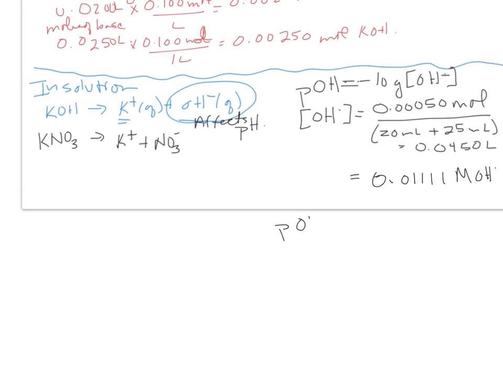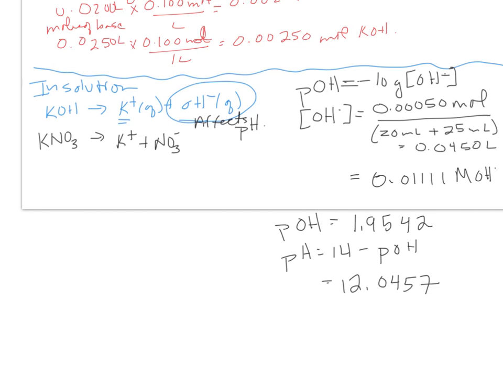So my pOH is equal to the negative log of that. I get 1.9542. pH is equal to 14 minus the pOH, so that is equal to 12.0457.